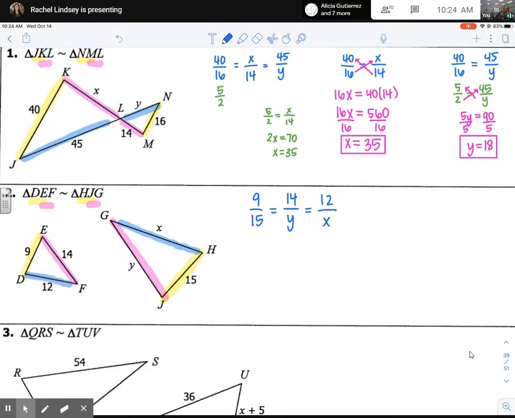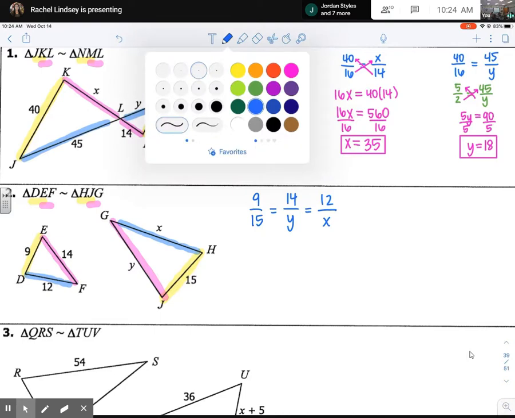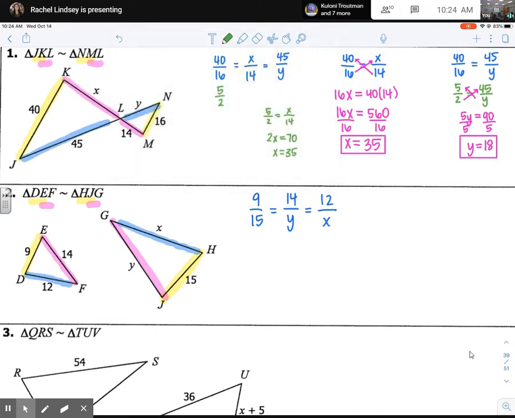Oh, we get decimals. Okay, so with similar triangles, you're probably going to get some decimals with these problems, just so you know, decimals are okay with these. So I'm going to take that 9/15 and reduce it, because I like to reduce them. What's 9/15 reduced to? 3/5.